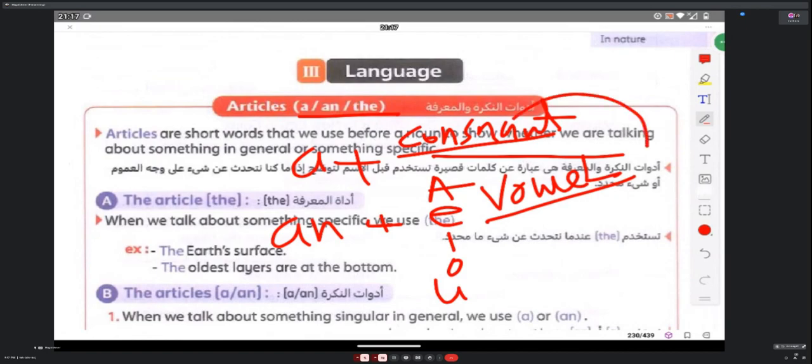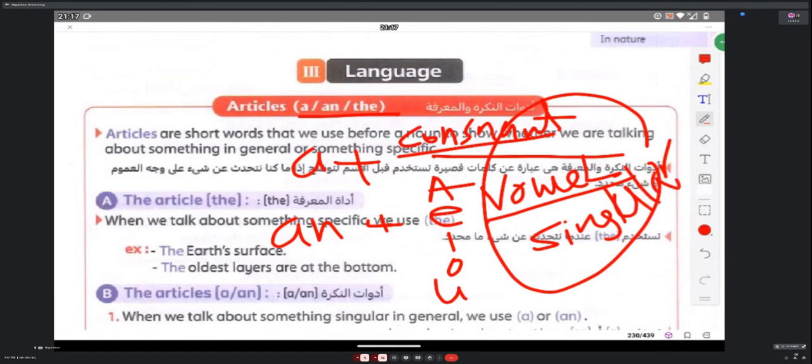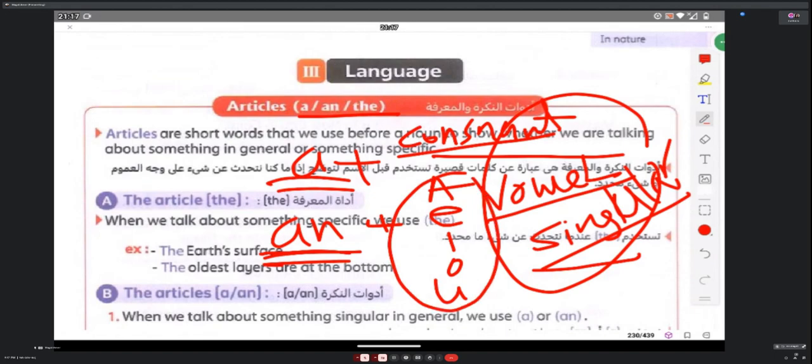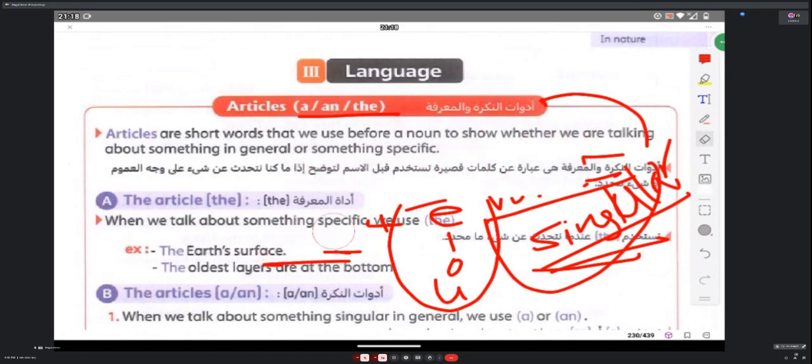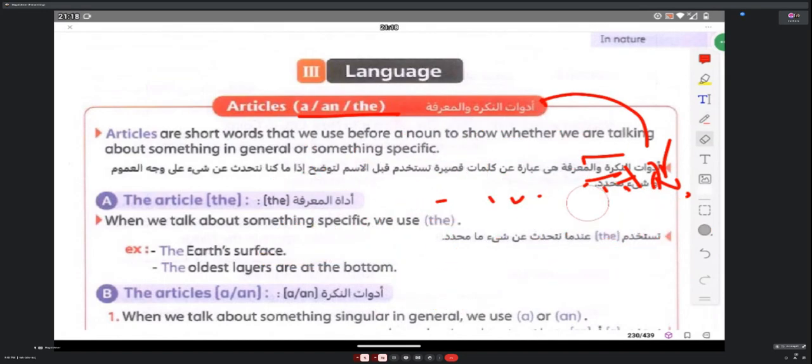The noun here should be singular and countable. We use a or an with singular countable nouns. We use an when the singular countable noun begins with a vowel. But it is not always the same rule.